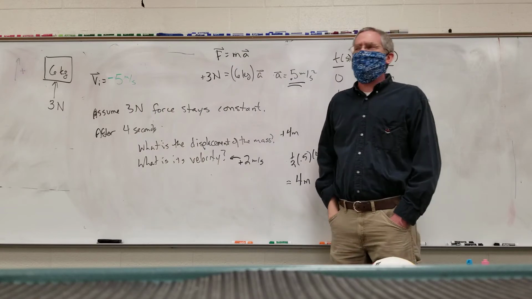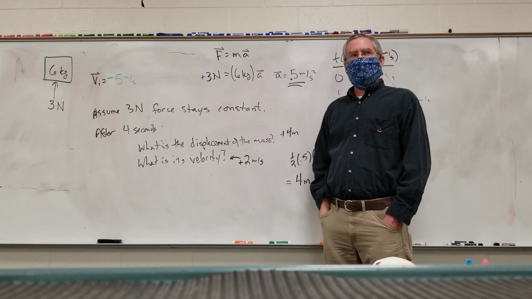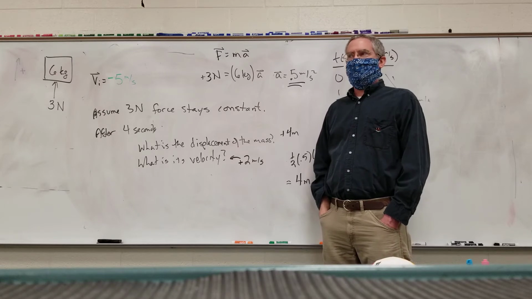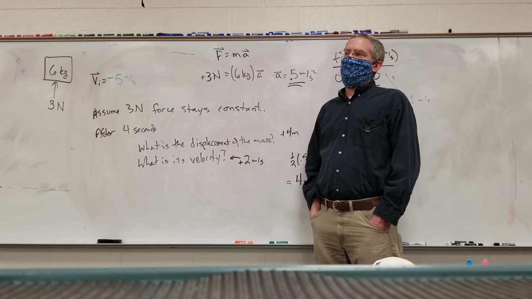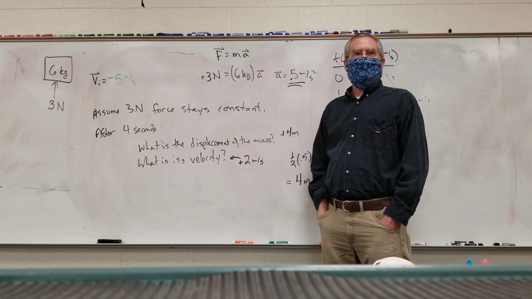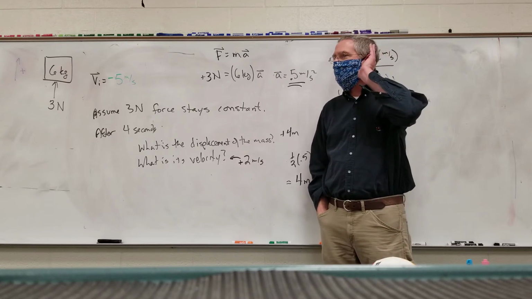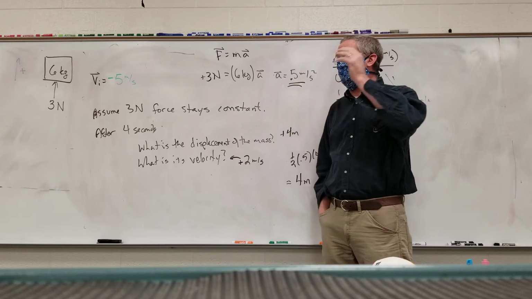So my acceleration is positive, my velocity is negative. What does that mean in terms of the motion of this object? Something we talked about in chapter 3. Pardon? It might not move the object. Oh, no, it's already moving to start with.